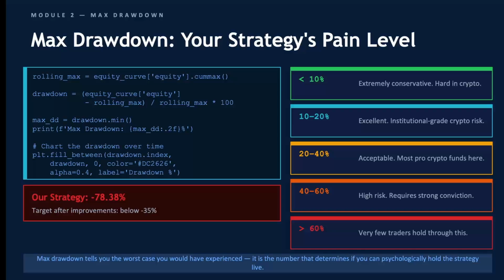Greater than 60%? Very few traders can hold through this psychologically. Our target is to bring the 78% down to below 35% without sacrificing the return.